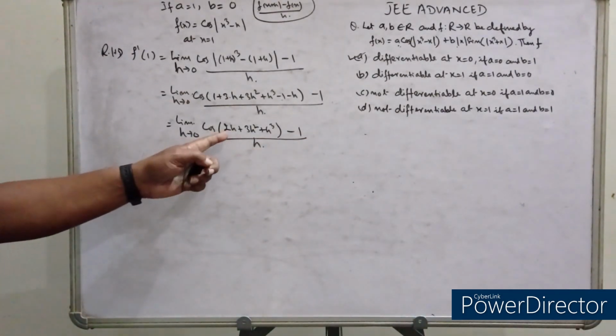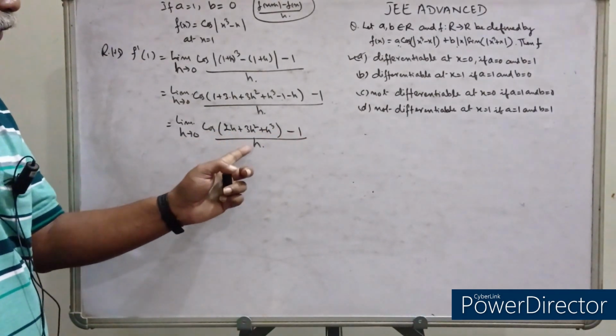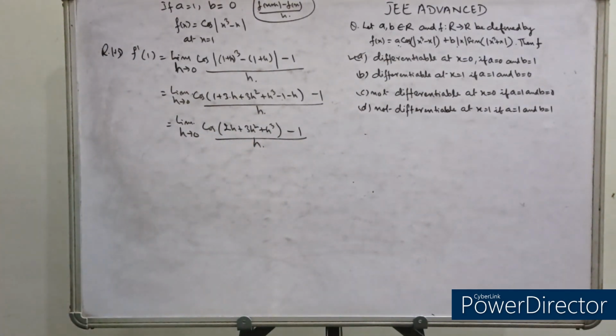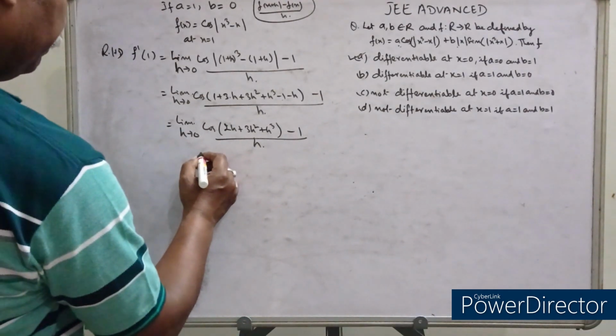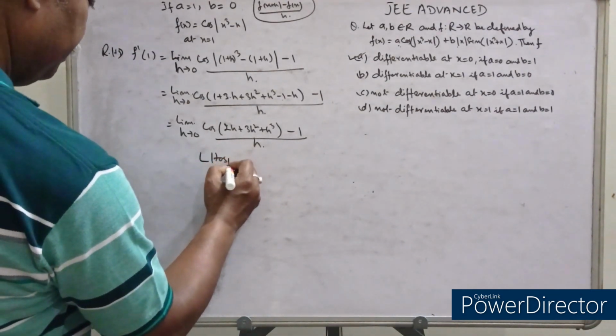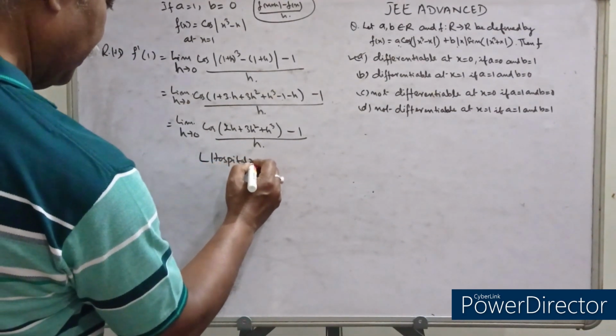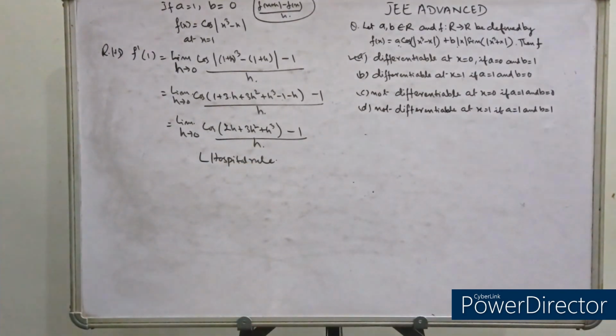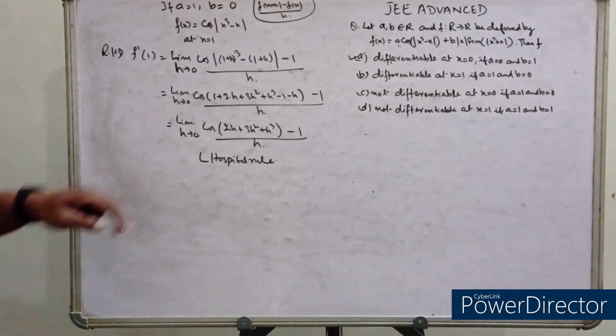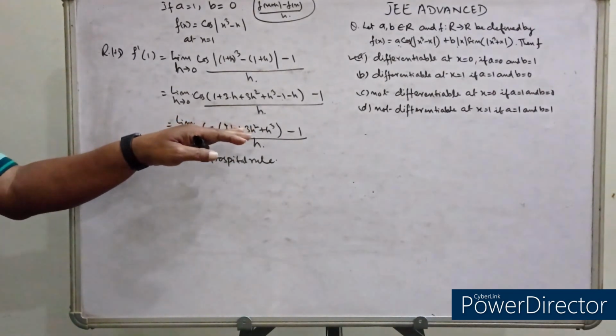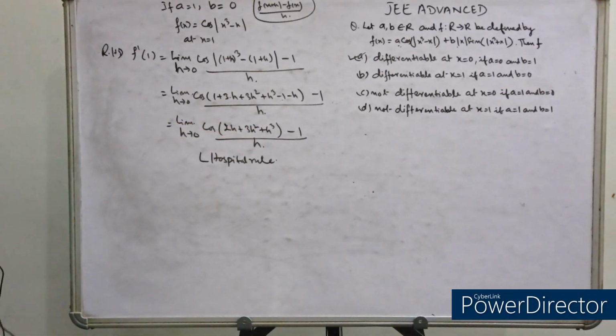So here cos 0 will be 1, 1 minus 1 is 0, so 0 by 0, again it is in the 0 by 0 form. So I will go for L'Hospital's rule. In this rule you differentiate the numerator as well as the denominator.